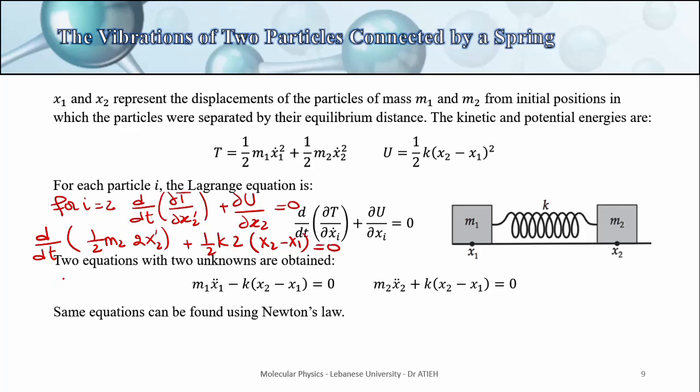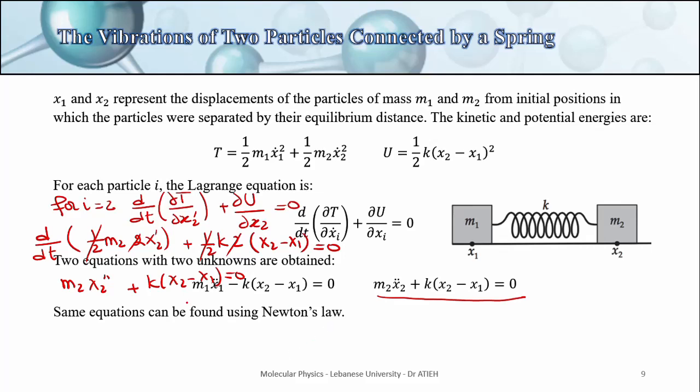This is equal to 0. So the half with 2 is cancelled, here half with 2 are cancelled. The derivative of x2 prime with respect to time is x2 double prime. So we get m2 x2 double prime plus k (x2 minus x1) equals 0. It's the same equation as this one.